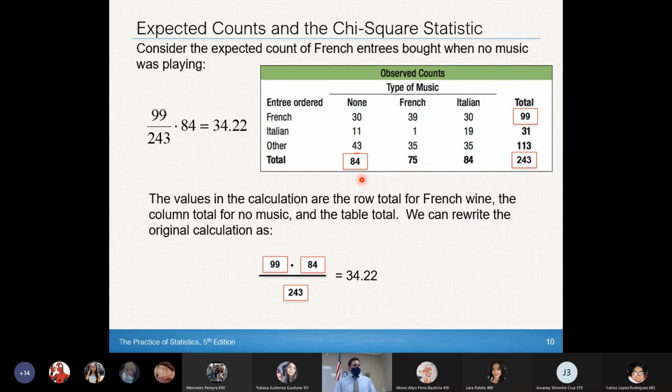So essentially the 34.22 is the expected number of French entrees ordered when no music is playing in this restaurant.